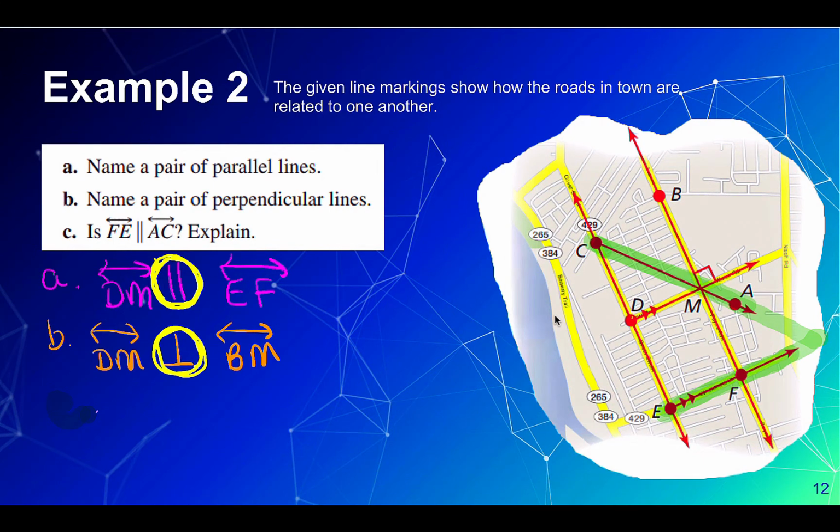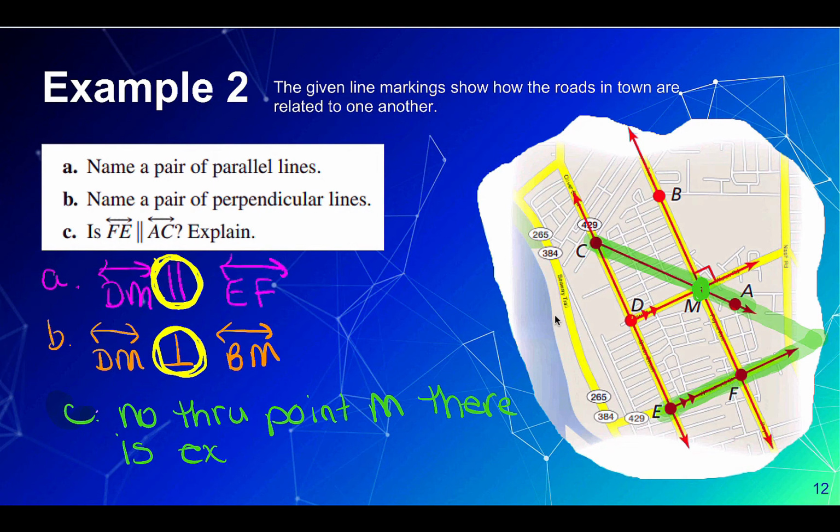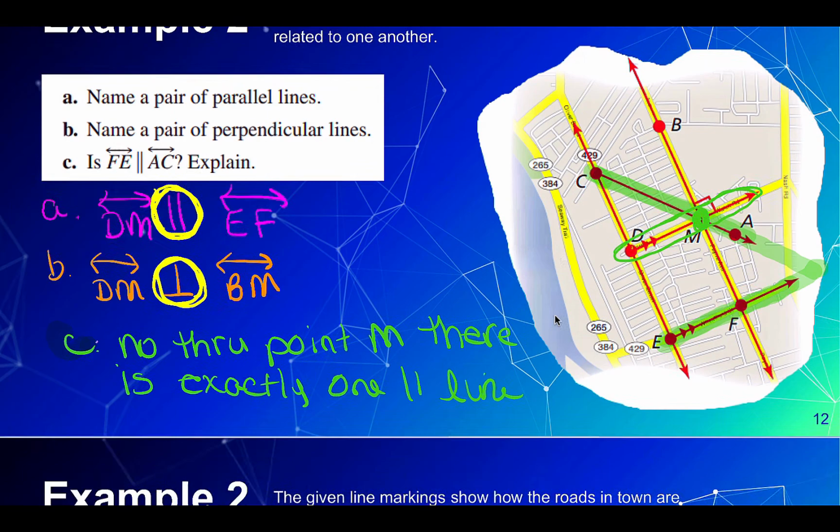But the other reason is because through point M, because of the parallel postulate, there is exactly one line parallel to EF, and we already know that's DM. So the answer is no.